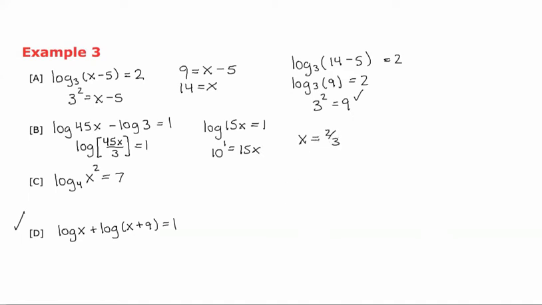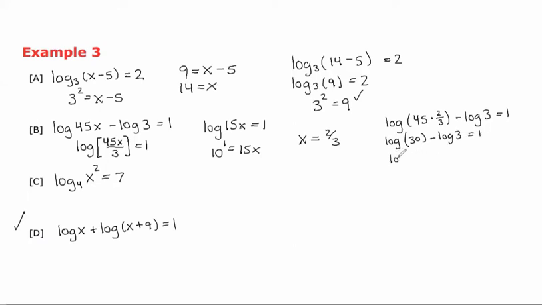And now I'm going to check that in the original. So the logarithm of 45 times 2/3 minus the logarithm of 3 equals 1. Well, the logarithm of 45 times 2/3 is the logarithm of 30 minus the logarithm of 3.